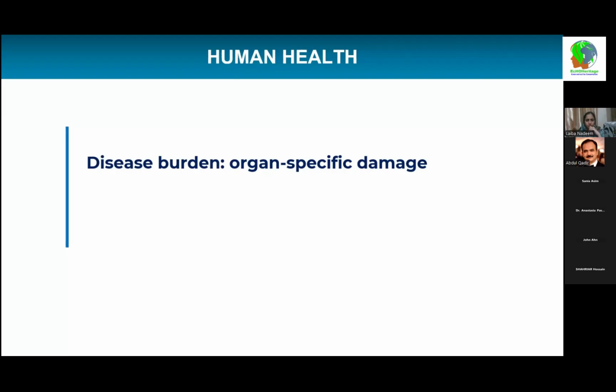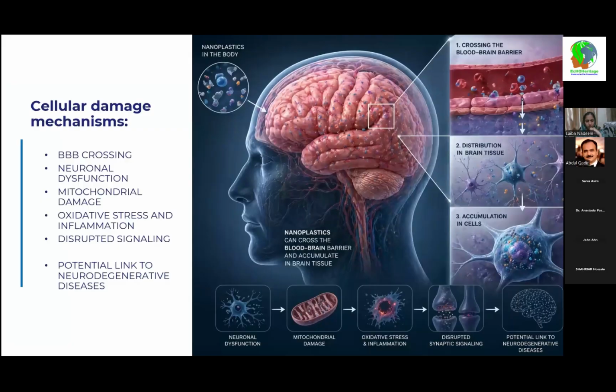In the next slides, I would like to briefly highlight several major disease categories in which micro and nanoplastics are emerging as a potential contributing factor. First is the nervous system. As Dr. An mentioned, micro and nanoplastics were detected in the human brain at the highest concentrations of any organ.